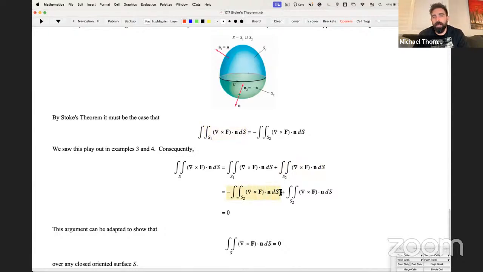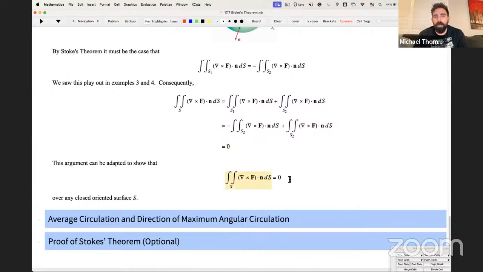So you're essentially just adding and subtracting the same surface integral, and you'll always get 0 no matter what. In other words, if you've got a closed oriented surface and you want to find the accumulation of the curl, you will always get 0.